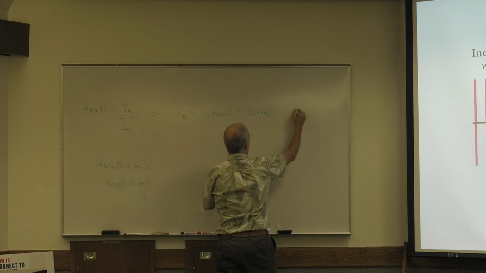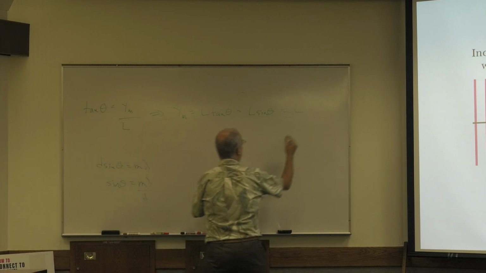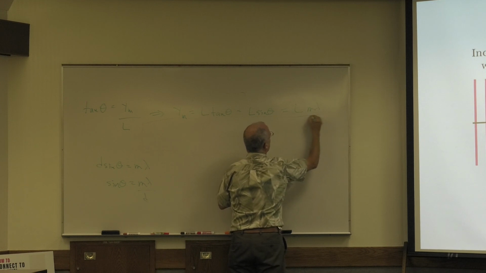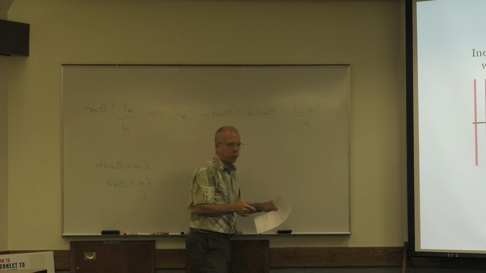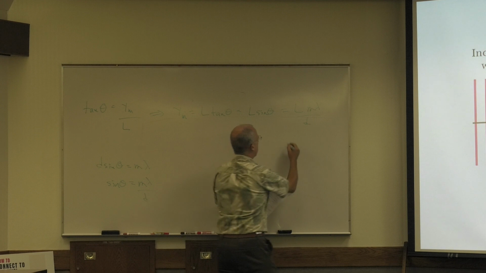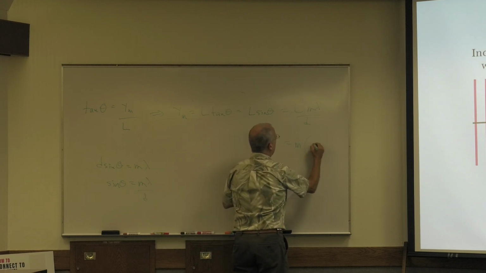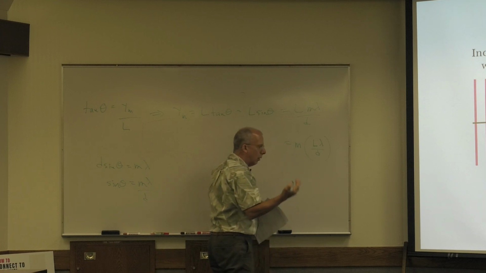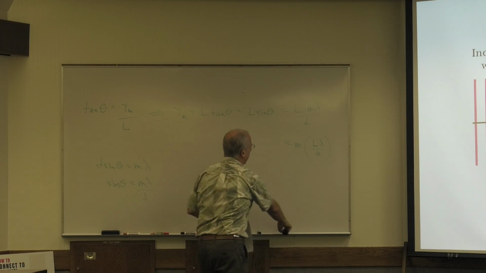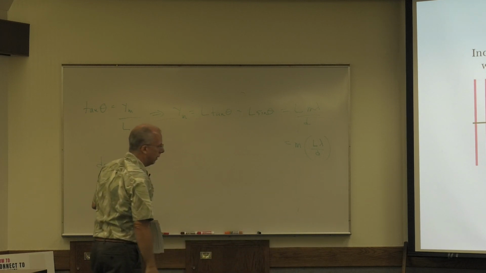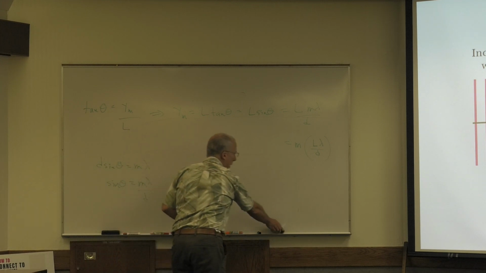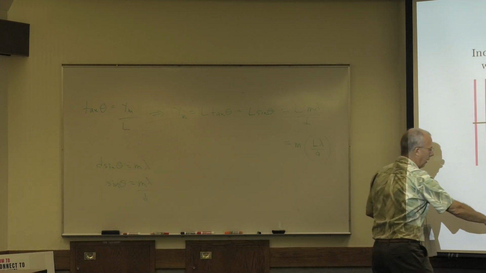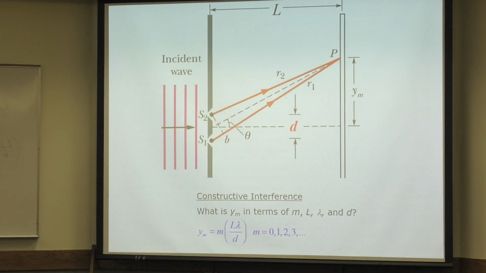We have L times m lambda over d. And remember, m's the index, so I also want to bring it out in front. That's going to be m L lambda over d, and m is 1, 2, 3, and so on. So Ym equals m, the index, times L lambda over d. And you have to know how to do that.